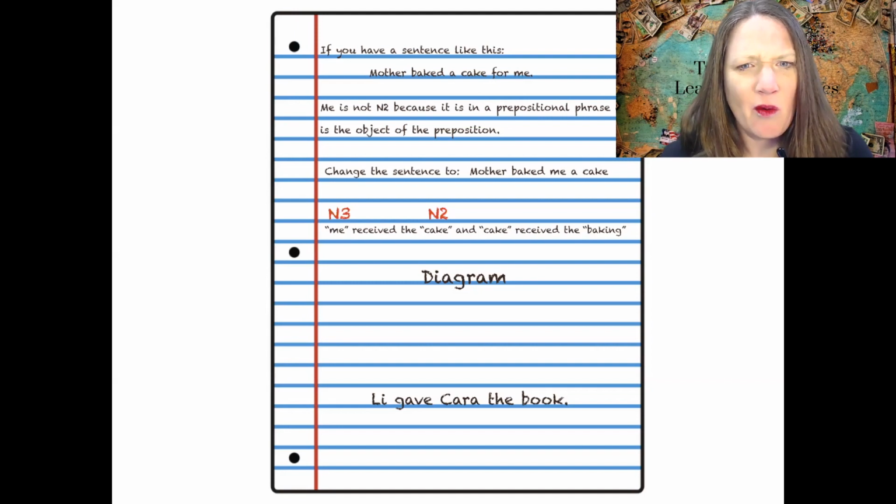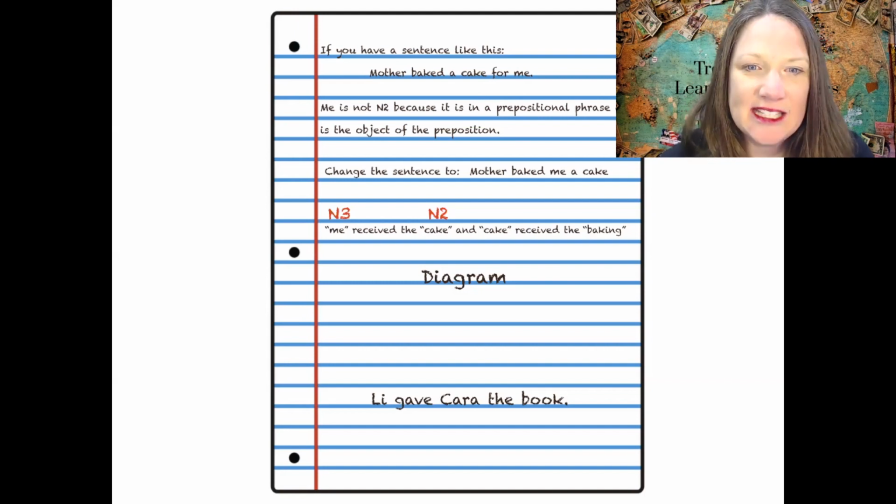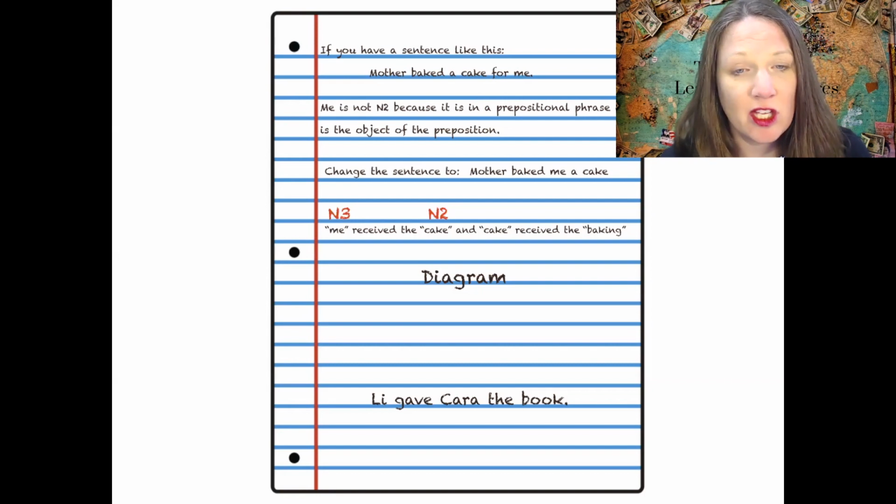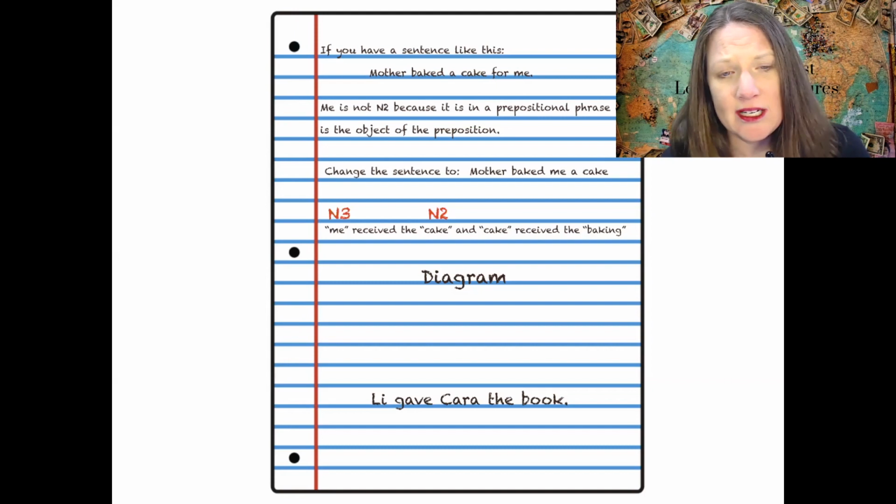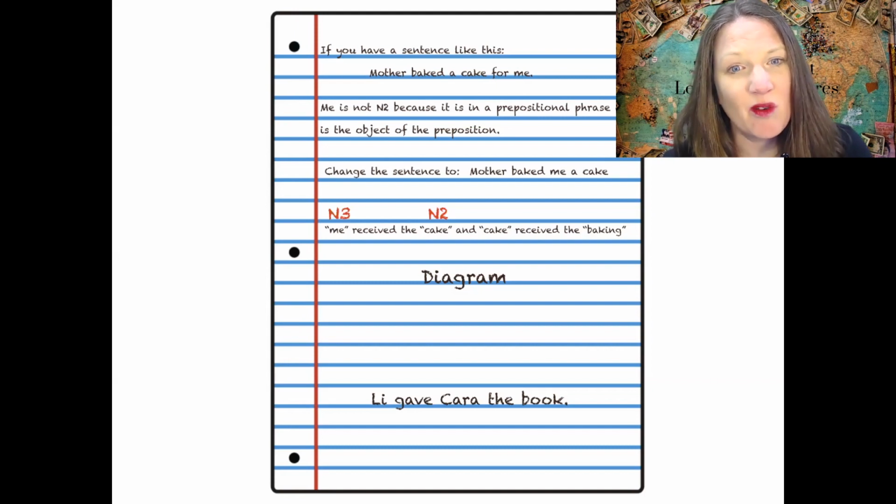And I really don't want you to feel completely overwhelmed. I'm hoping that these lessons are making grammar a little bit easier for you. But if I wanted to go in and have you diagram every single word in the sentence, I'm very concerned that it would confuse you.